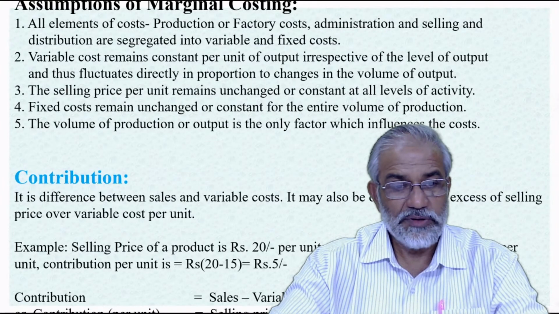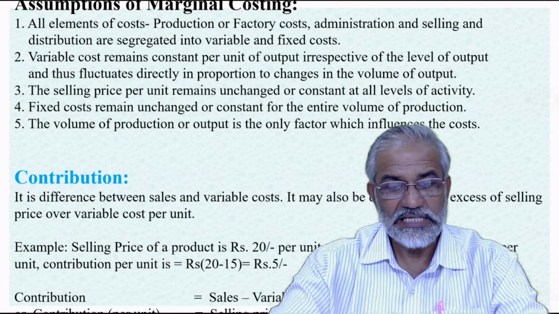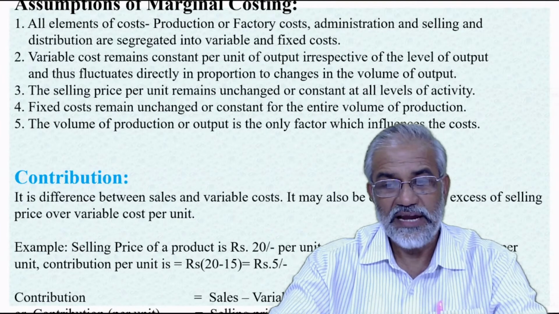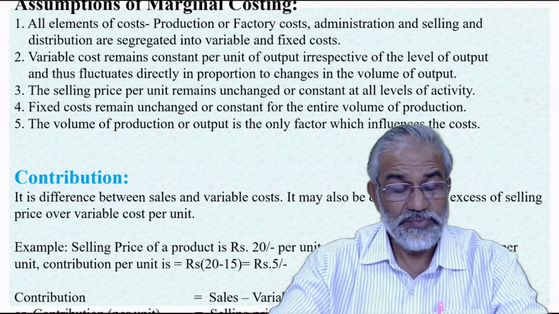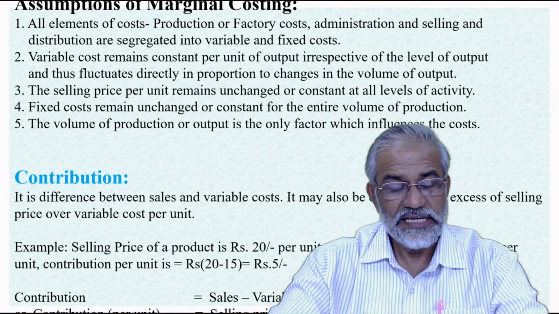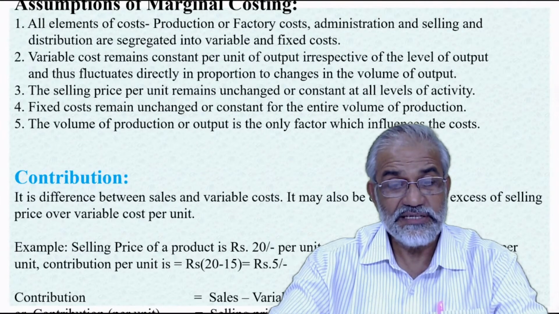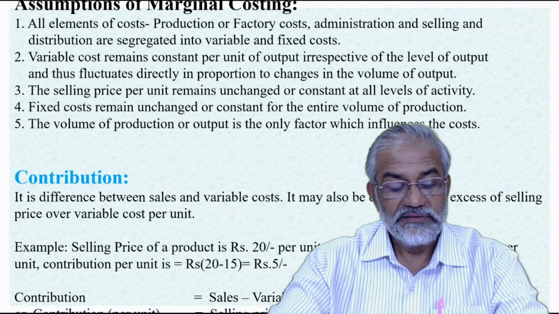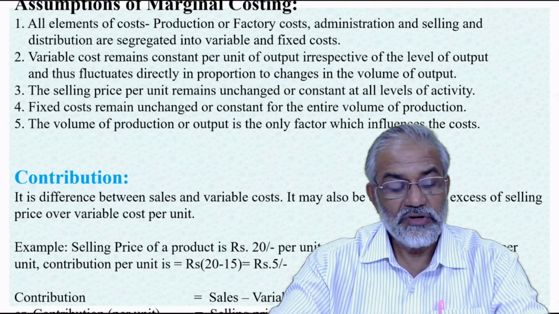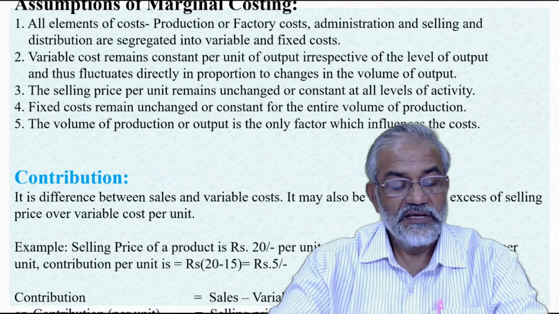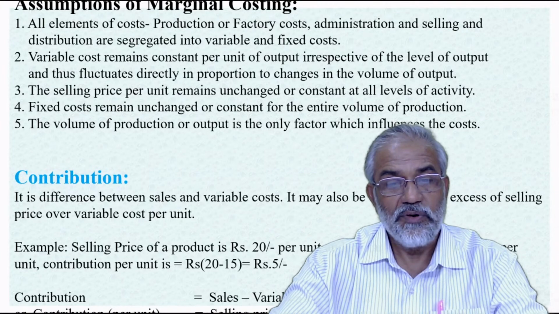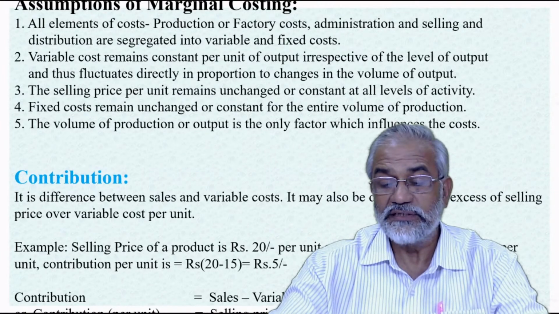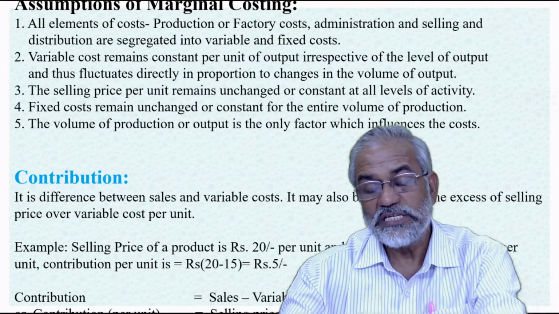For example, if the selling price of a product is 20 per unit and its variable cost is 15 per unit, the contribution per unit will be 20 minus 15, which is rupees 5. So contribution is sales minus variable cost or marginal cost. In other words, the contribution per unit is the selling price minus the variable cost per unit. That is the equation of contribution.